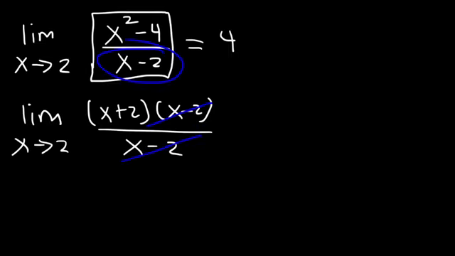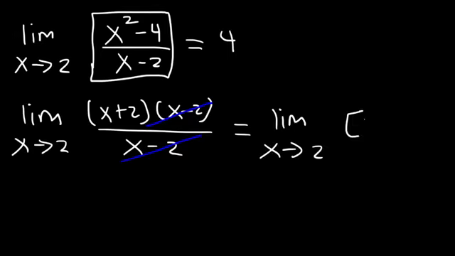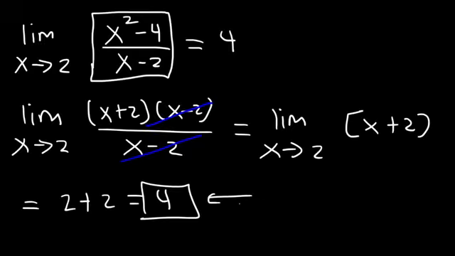When this term is gone, we can now use direct substitution, because the x minus 2 factor was giving us a 0 in the denominator, which we don't want. So now all we need to do is find the limit as x approaches 2 of x plus 2. Replacing x with 2, 2 plus 2 is 4. And so that's the limit. It approaches a value of 4.